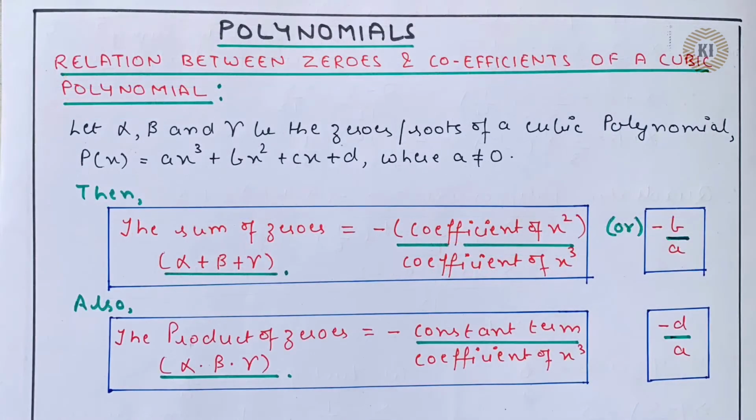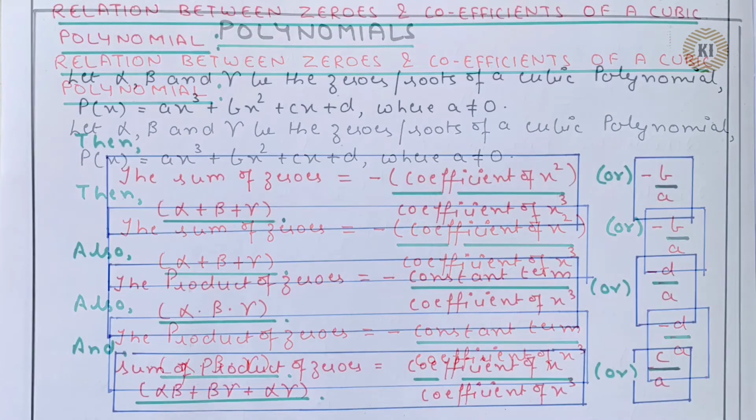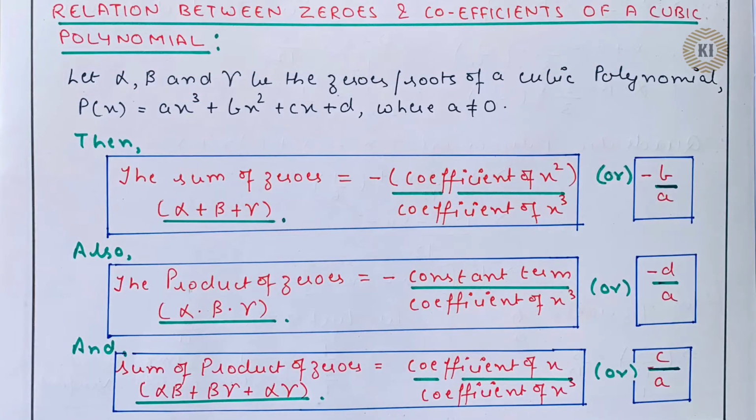Now, the product of the roots, that means alpha into beta into gamma, will be equal to minus the constant term upon the coefficient of x cube. This is a new thing, which is equal to minus d by a. Why is it a new thing? Because in a quadratic polynomial, the d coefficient is not there. Okay. Now third one, sum of products of zeros, that means alpha beta plus beta gamma plus alpha gamma.